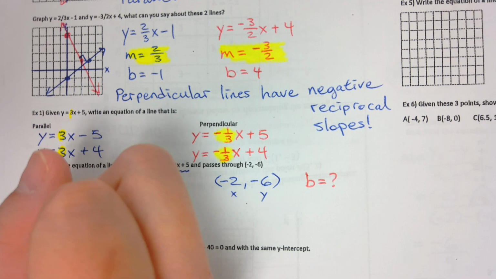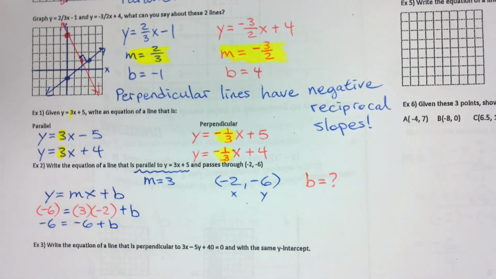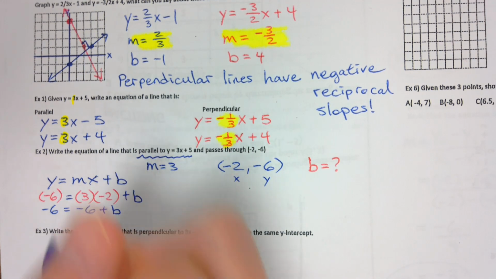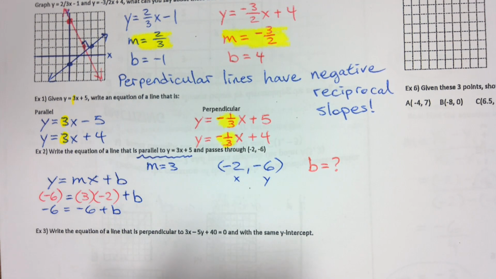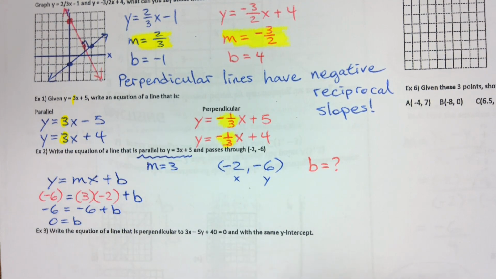Okay, so negative 6 equals negative 6 plus b. So what does b equal? Liana? 0, yeah. Because when you move that negative 6 over, it's negative 6 plus 6. So you get 0. So b is 0, m is 3.